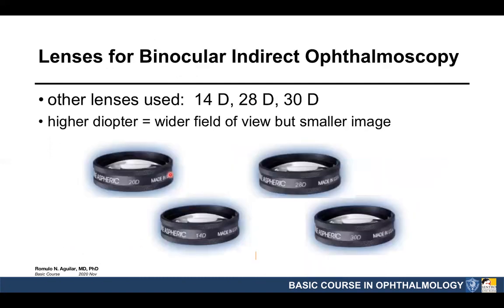Alternatively, you can just buy the lenses separately. So as I said, you can buy a 14 diopter, a 28 diopter, or a 38 diopter. What's the basic difference? The higher the diopter power of the lens, you will have a wider field of view, but smaller images.